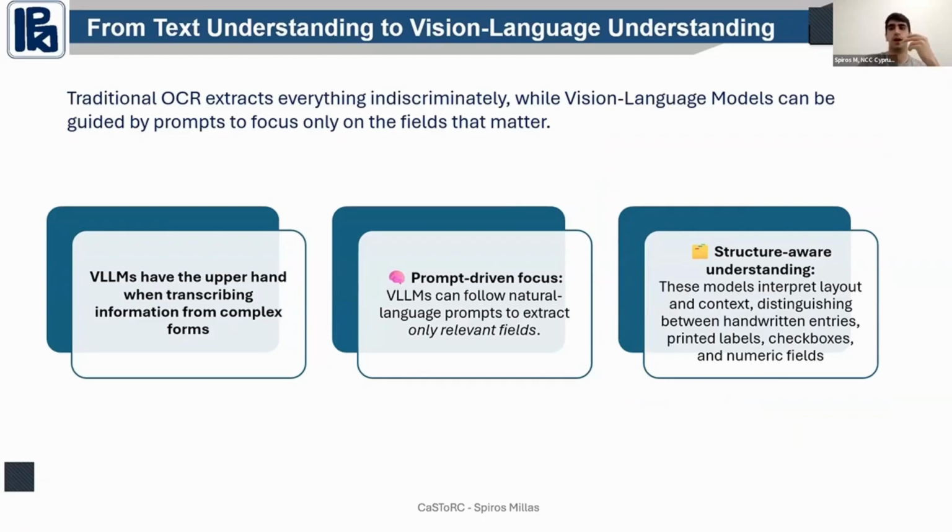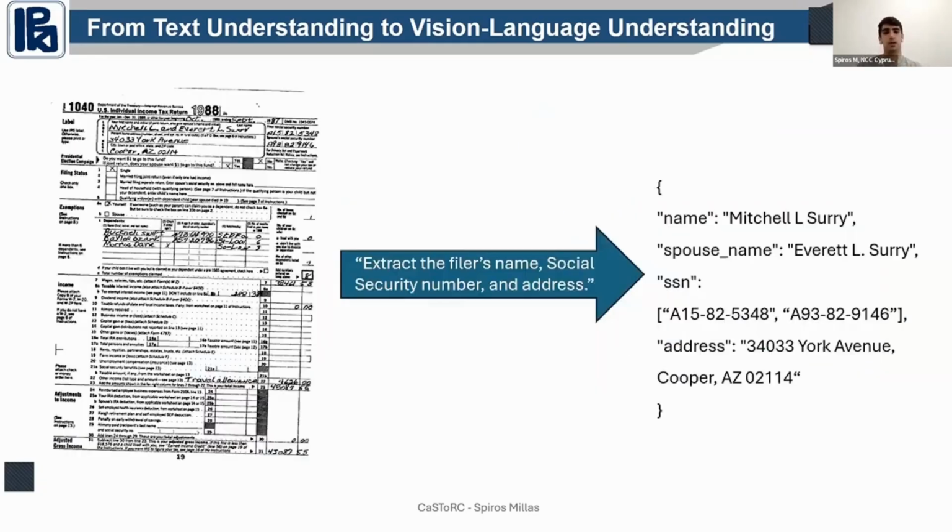They can tell the difference between a handwritten number and a printed label and a checkbox, which makes them very effective with dealing with complex forms or mixed handwriting, where context and spatial relationship play a big role.